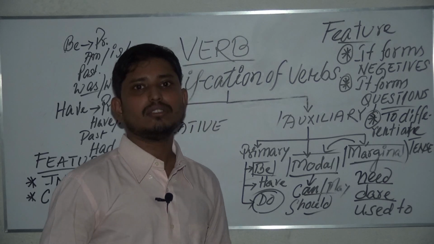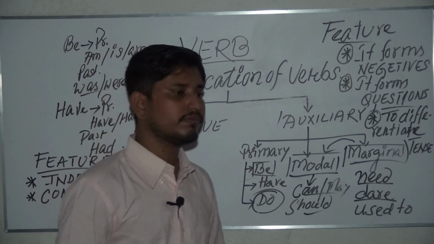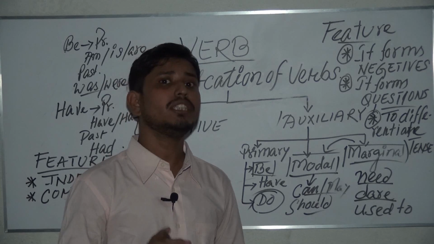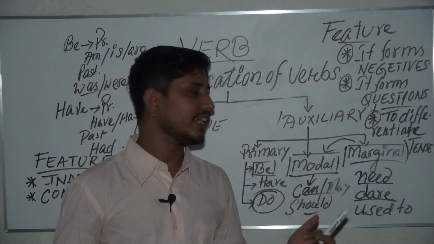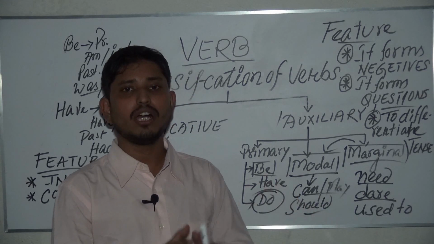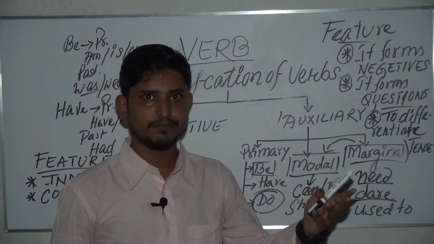So what we have learned today, we summarize the fact. First of all, we have learned the definition of verb, and secondly, we have learned the relationship between the verb and the tense concept. That is the past tense, present tense and future tense.